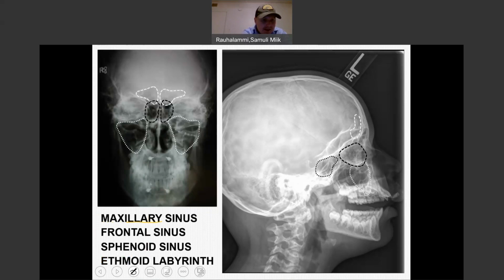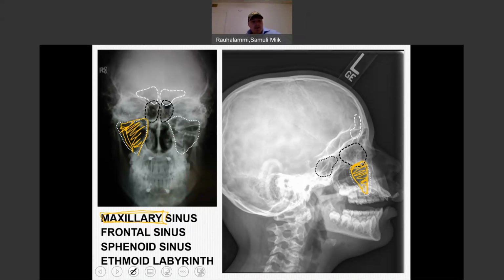So our maxillary sinus, of course, within the maxillary bone, within the maxilla. So they are the most prominent ones here, very visible. And I always encourage you, try to get as many angles of the same structure to really appreciate the three-dimensionality of the structures.